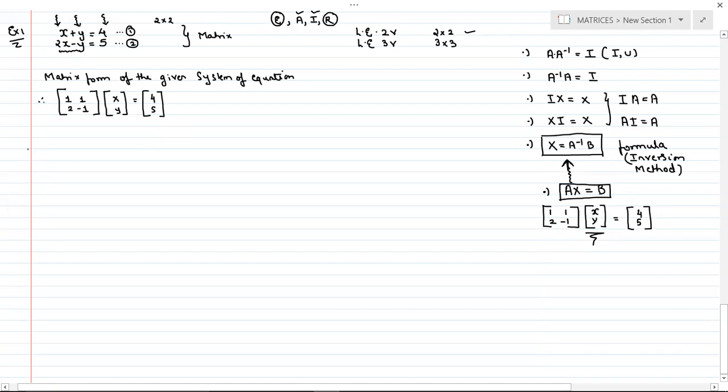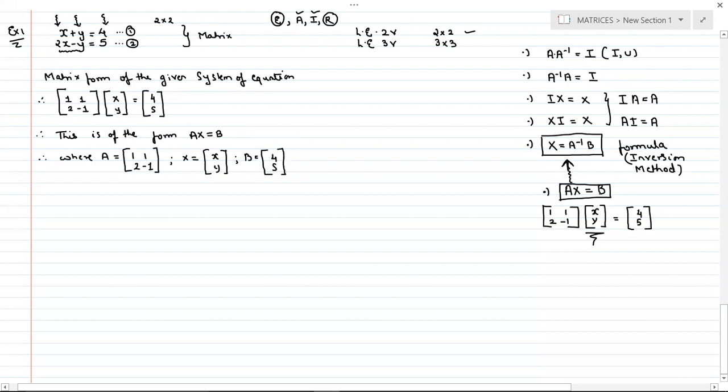As we know this is of the form AX equals B, comparing, A is [1, 1; 2, -1], X is [x; y], and B is [4; 5].